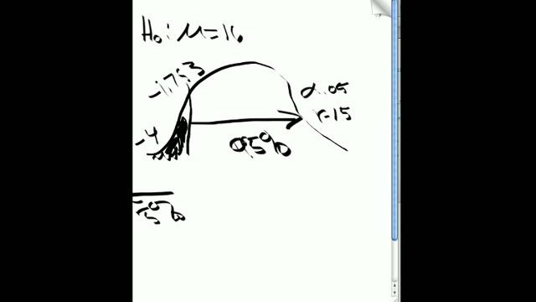We know that our t calculated is less than our t for 0.05 and 15. In this case, what that means is that we would reject H0.